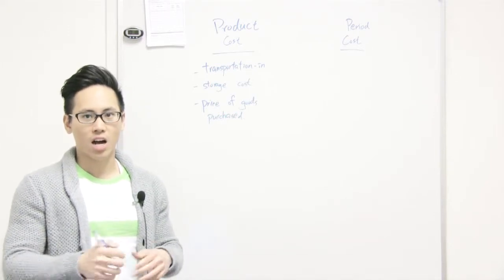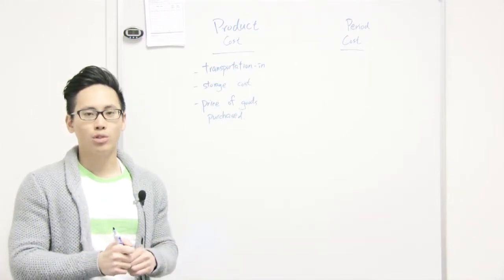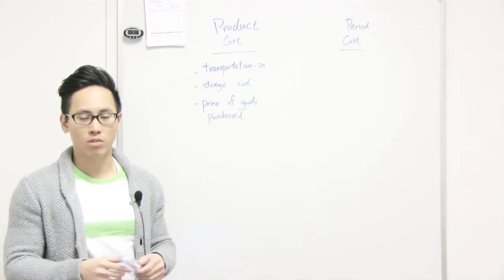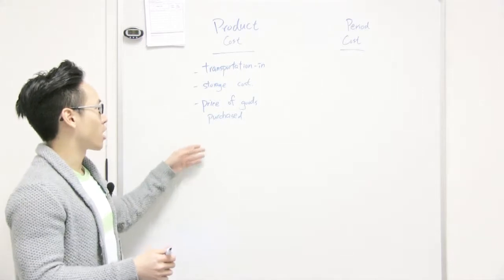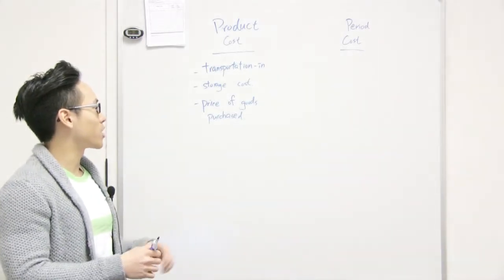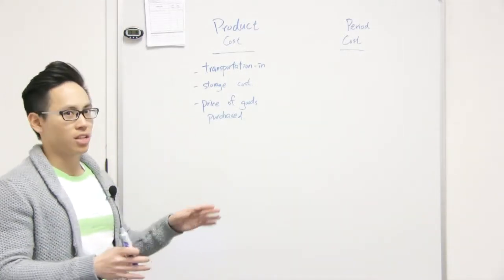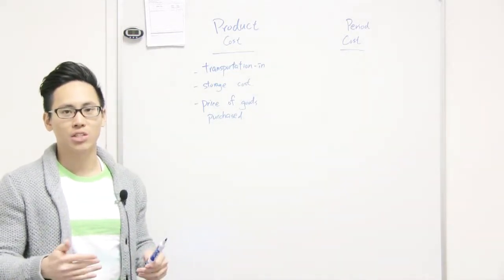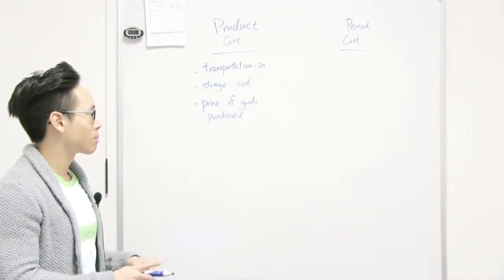So basically any cost that helps you get ready to sell the inventory is going to be a product cost. Make sure that product costs are the costs that you add into the inventory account to increase the value of the inventory.